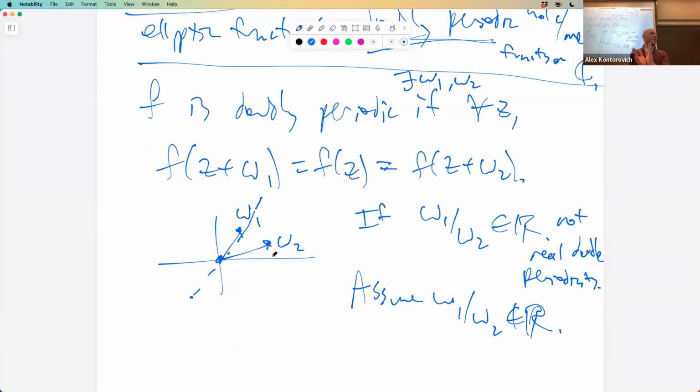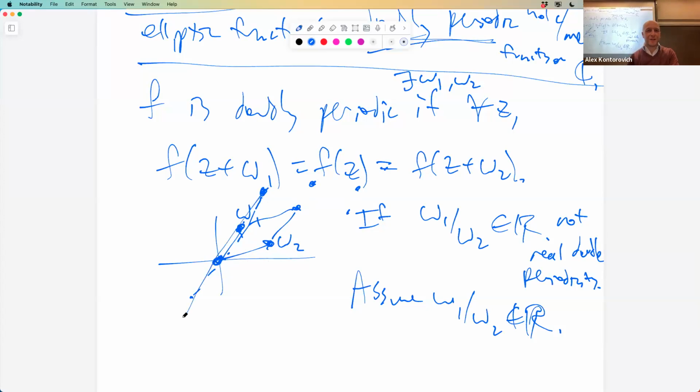And then there are no issues about the quotient being real or rational or anything else, because whatever value f takes here, it takes exactly the same value here, which means it also takes exactly the same value at 2 omega 1. It also takes the same value at omega 1 plus omega 2. It also takes the same value here and here and here.